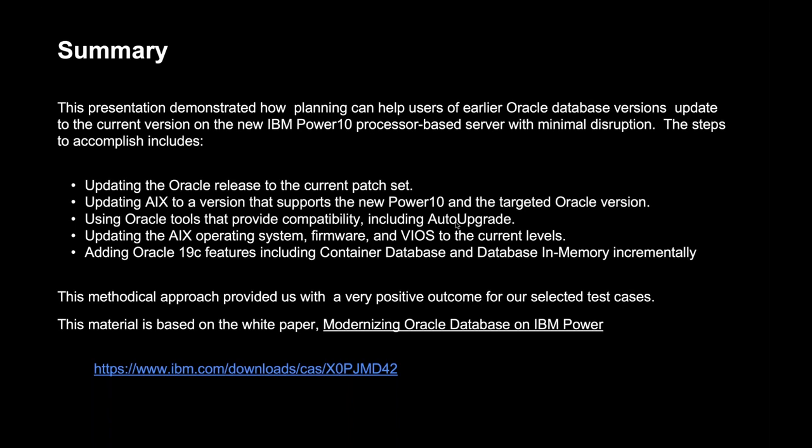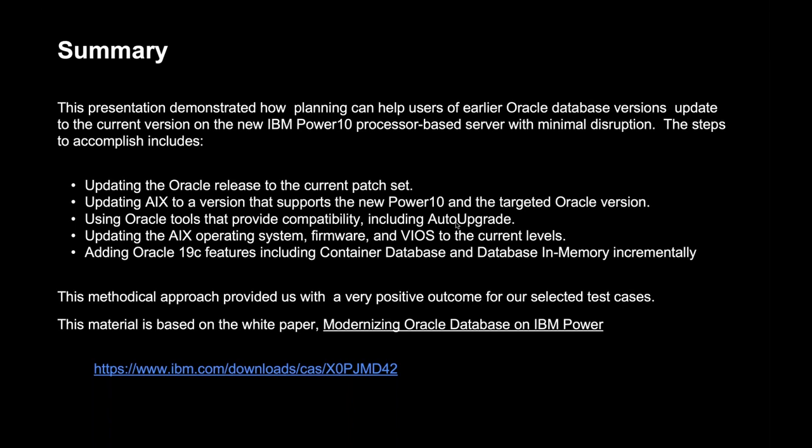If at all possible, use the Oracle tools that provide compatibility, AutoUpgrade. We use those tools. Oracle makes them available to try to ease the challenges of going to a new version. Using AutoUpgrade gives you, or should give you, better consistency when moving from one version to the other, and it minimizes surprises when you do the upgrade.